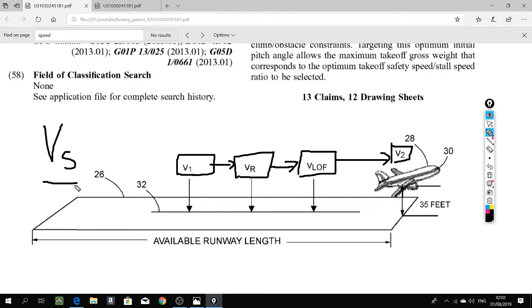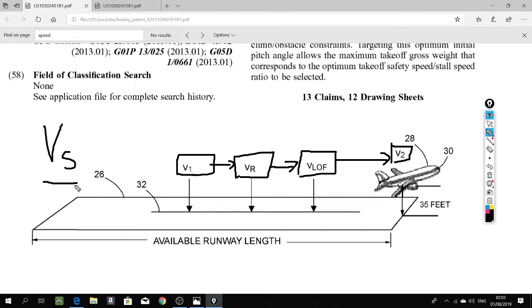Stall is the condition in which the airplane is not flying properly, or the airflow over the wings is not in a proper manner, so that the airplane is falling from the sky. This is the stall speed, and it's a very dangerous speed, and a properly flying airplane has to operate above the stall speed in every circumstance, right? Otherwise it will get destroyed, it will hit the ground.